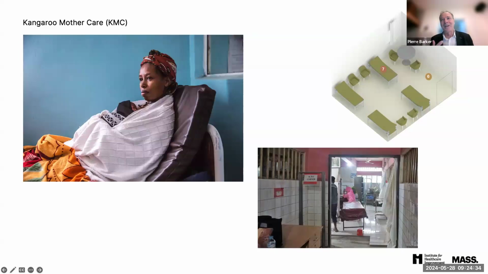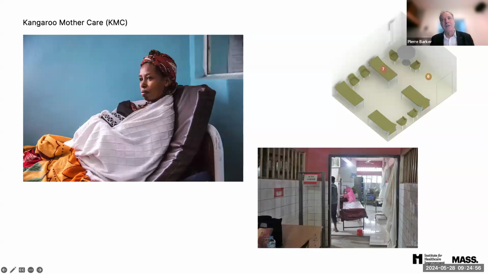And you'd think that with such a dramatic result, this would be widespread use now across all countries, not just in a hospital setting, but in any setting where babies are born, whether it's in primary care, in the hospital, or back in the home.